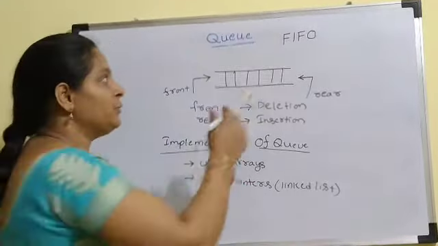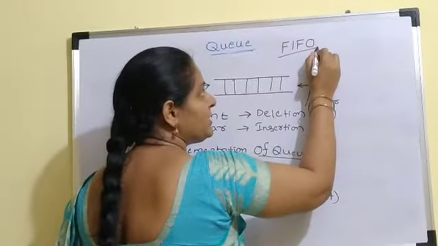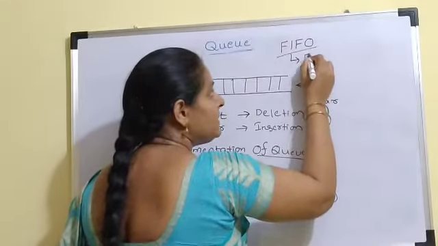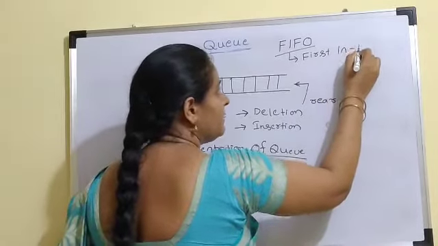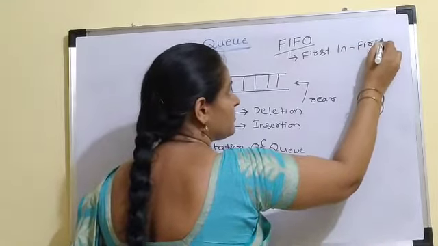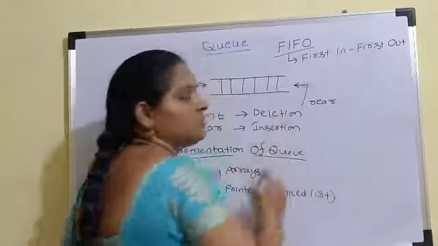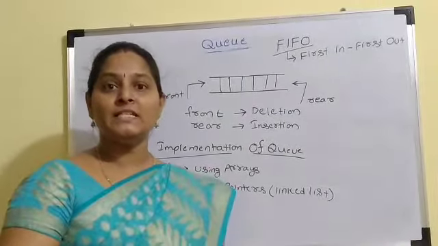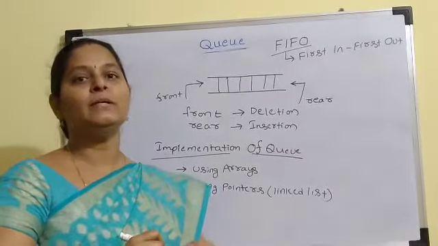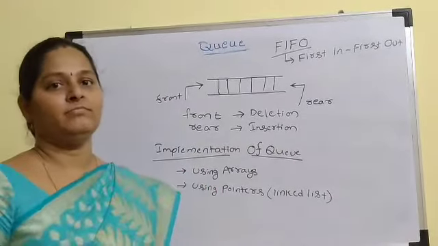But in case of queue, it follows FIFO principle. That means first in, first out. So what is the meaning of first in, first out is, whatever element that is inserted first, that element will be eligible for deleting.